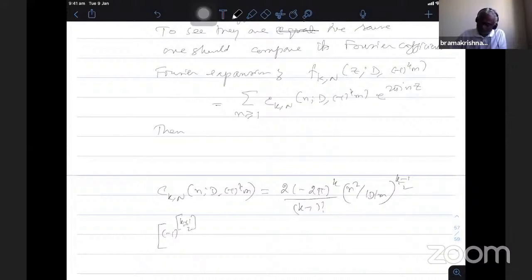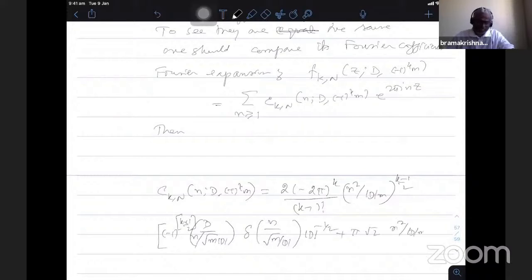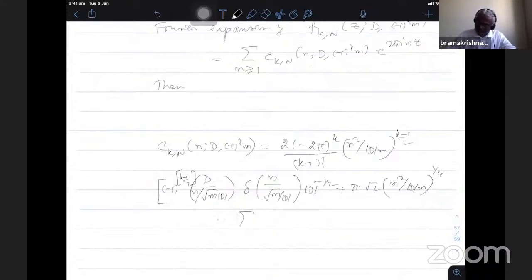Minus 1 over the integral part of (k+1)/2, then the symbol d by n over the square root of m|D|, times the delta function, which is 1 if the quantity inside is an integer, otherwise 0. Then 1 over |D| times |D| to the power minus half, plus pi root 2 times (n squared by |D|m) to the power 1/4, into the summation over a greater than or equal to 1 with n dividing a because of the level, so a inverse.